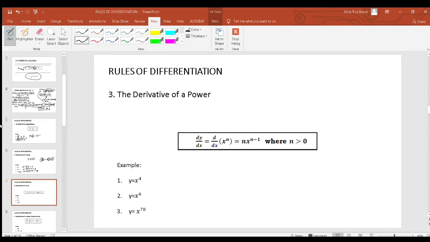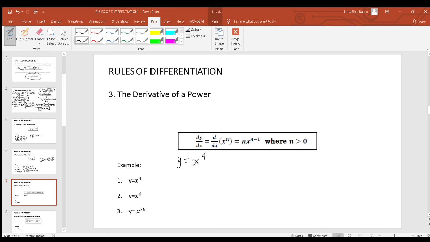Next rule, the derivative of a power. Kapag meron tayong power sa variable natin, we will use n times x raised to n minus 1. For example, find the derivative of y is equals to x raised to 4.